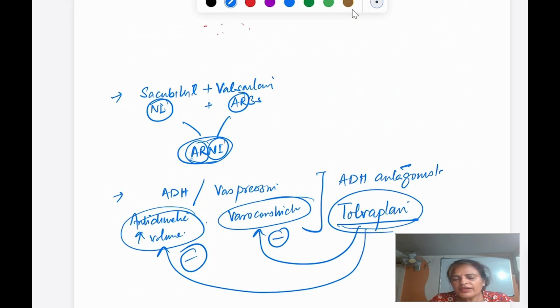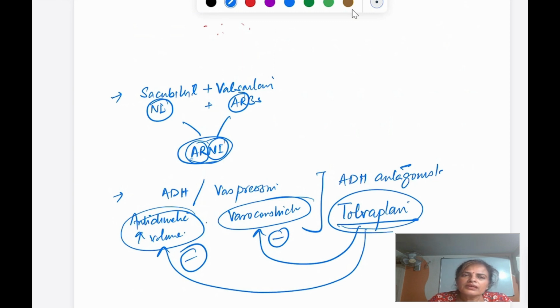In congestive heart failure, the most important question in this topic is the mechanism of action of digoxin in CHF. Then dopamine in cardiogenic shock, which I told you, drugs for acute heart failure, okay. Then there is the beta blocker in congestive heart failure, that can also be asked.